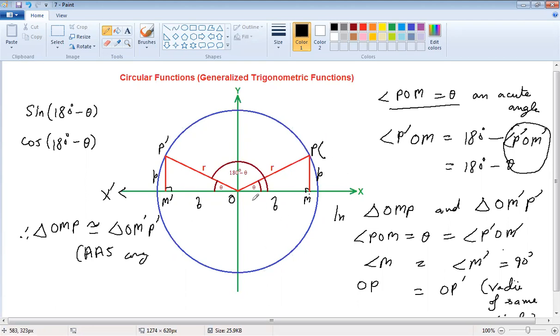The point P will have the coordinates: X coordinate, as seen in the diagram, is equal to b, whereas the Y coordinate is equal to p. For the point P dash, what will be the x coordinate? If the distance OM dash towards the left side is b, distance is always positive, but what will be the x coordinate of this point P dash?